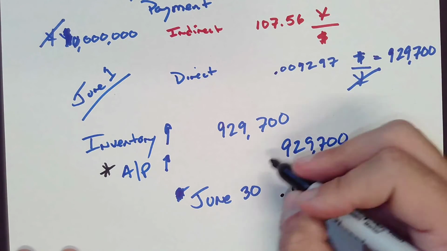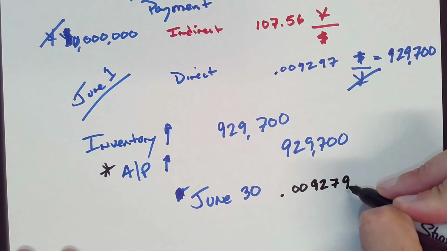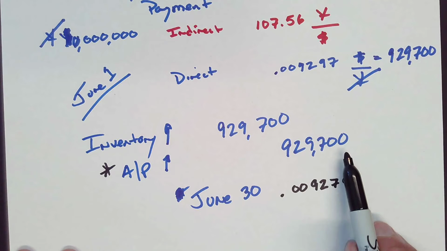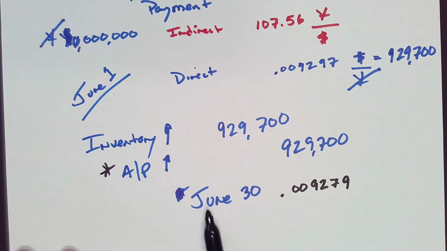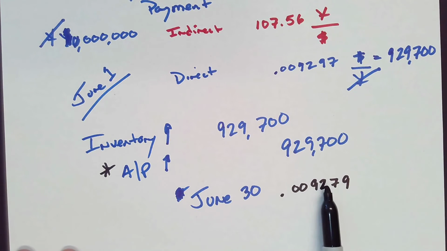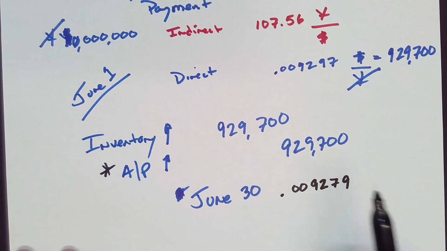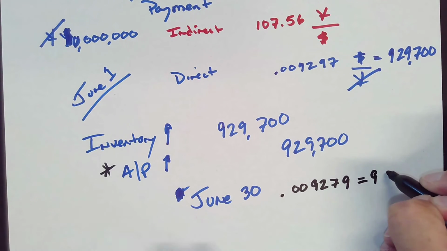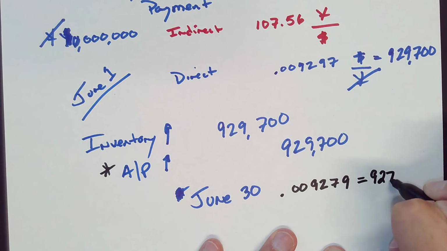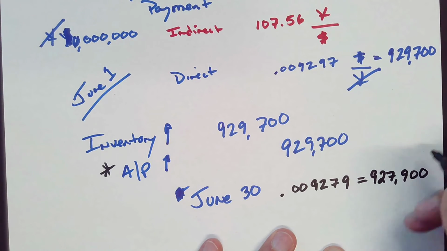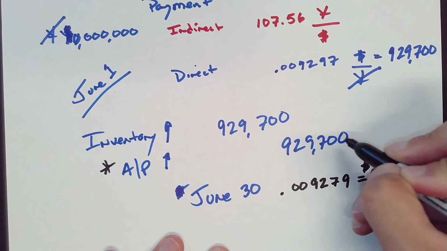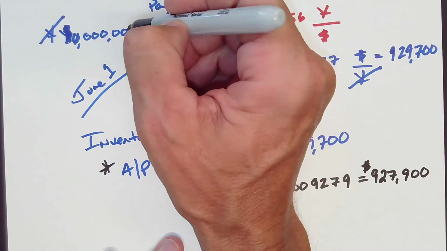It looks like I transposed it, but you just got to pay attention to that. All right? So now what do I have to pay in accounts payable if I had to settle this on June 30th? I'd have to pay $927,900, right? That's what I would have to pay to settle this, because I am delivering 10 million yen.